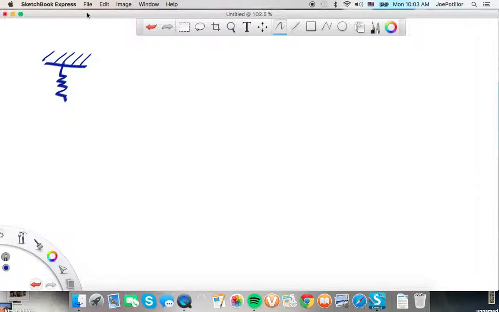Then when I attach the mass to this system, I stretch it out.